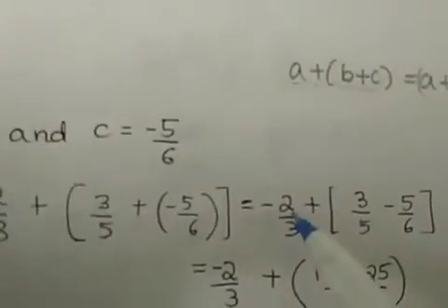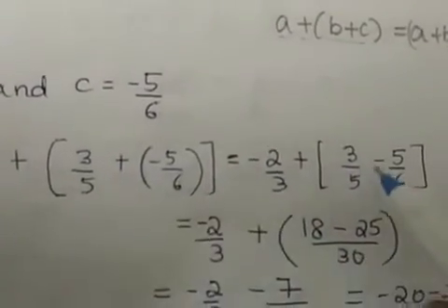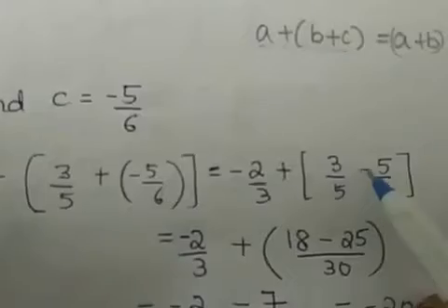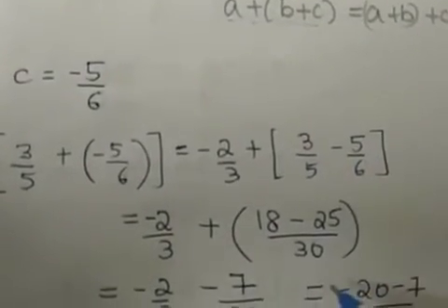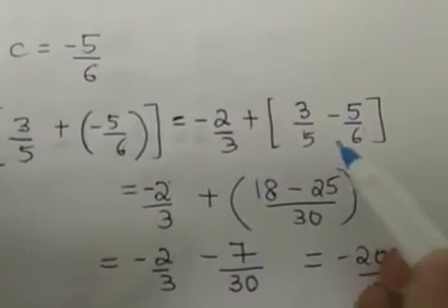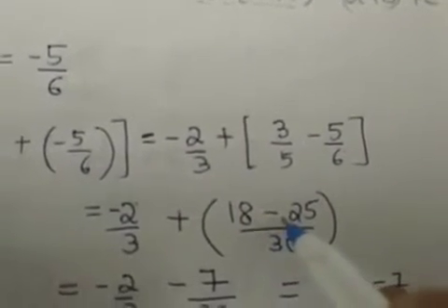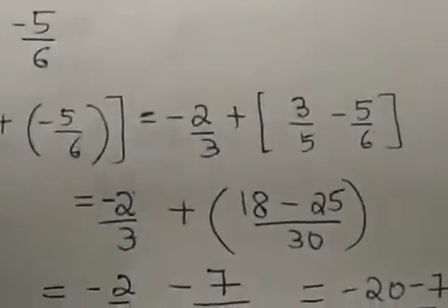This is equal to minus 2 upon 3 plus 3 upon 5 plus, into minus is minus, so minus 5 upon 6. So this is equal to minus 2 upon 3 plus, if I take LCM I get 30, so this is 18 minus 25 upon 30.